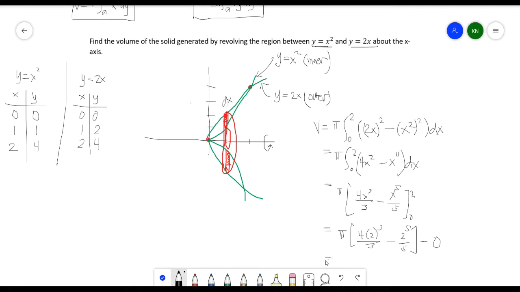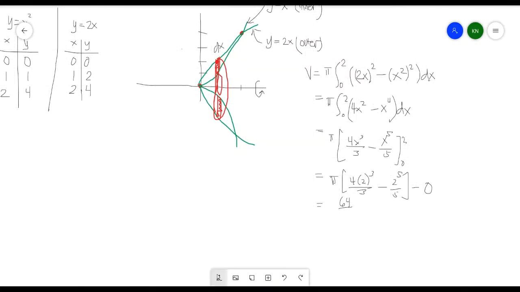Now if you calculate this, this will result to 64 over 15 pi cubic units. So this is now our final answer.